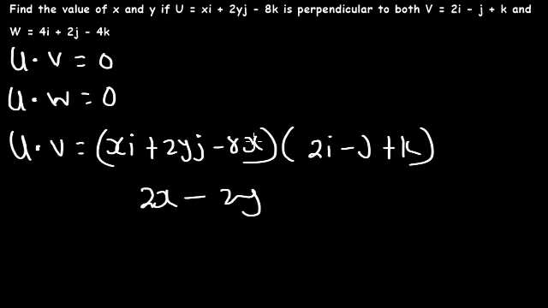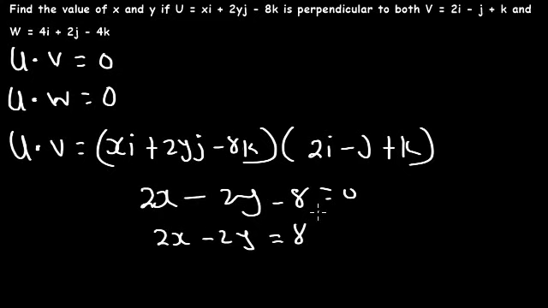Negative 8k times positive k, that's negative 8. And don't forget, that product will be equal to 0. So in the end, 2x minus 2y will be equal to 8 by the time we add 8 to both sides. Perfect. Let's keep that somewhere.